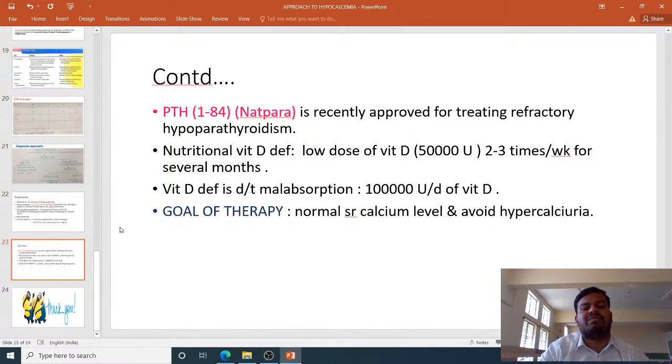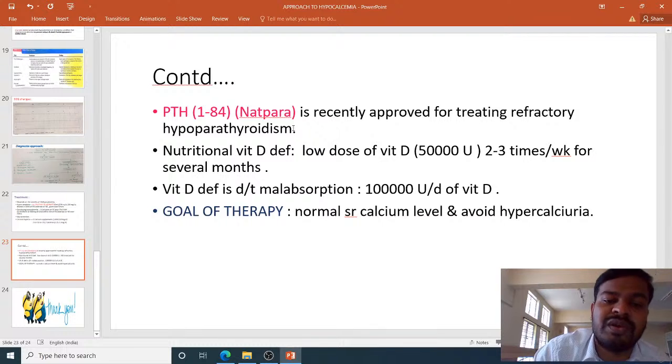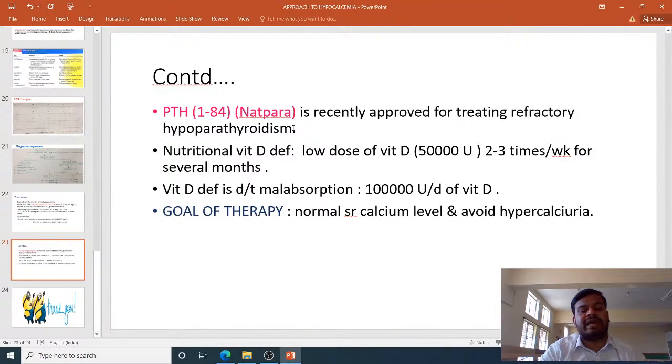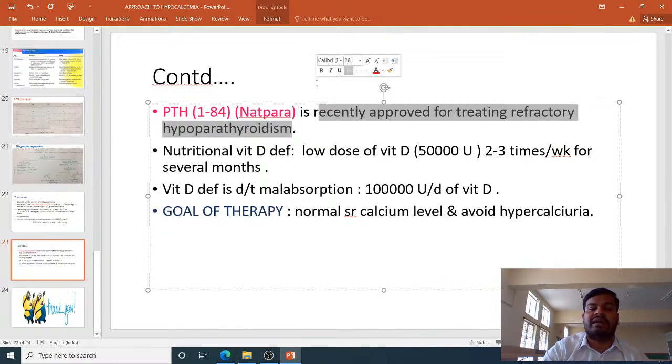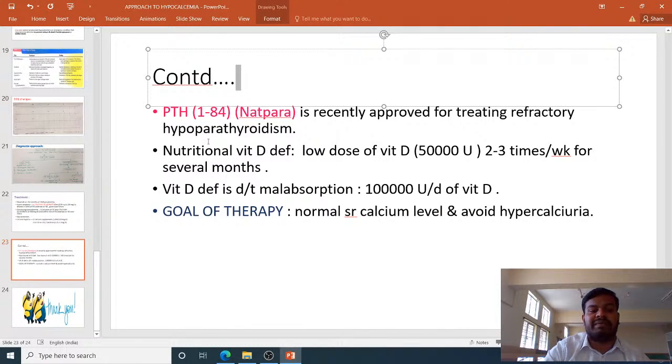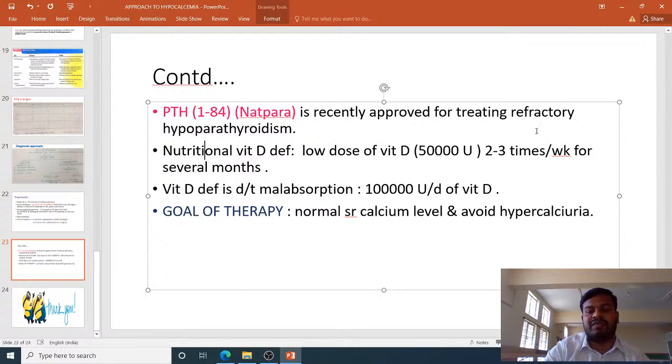So there is recombinant parathyroid hormone. If the patient's parathyroid glands are destroyed, then to maintain the parathyroid hormone levels, recombinant parathyroid hormone is recently approved for treating refractory hypoparathyroidism. So it can be given.